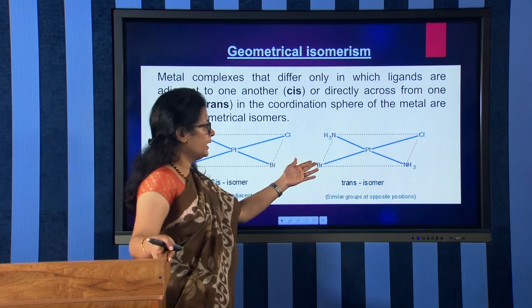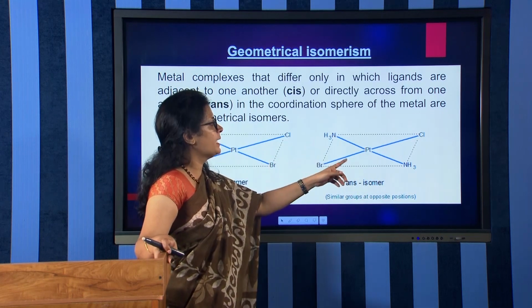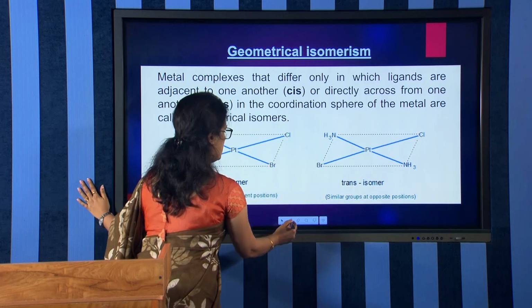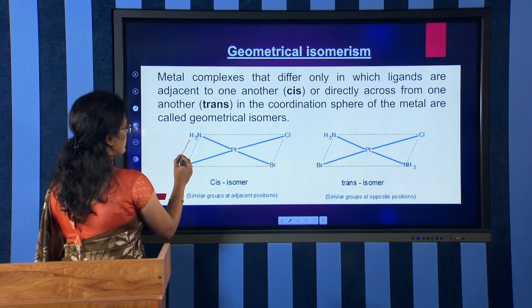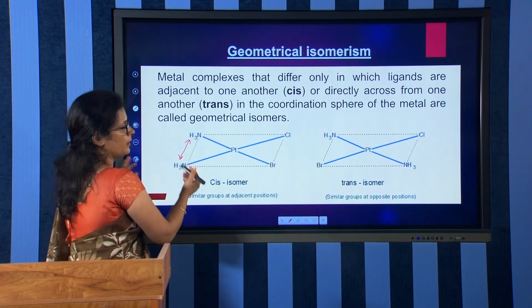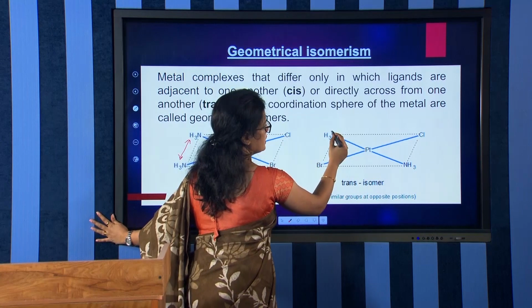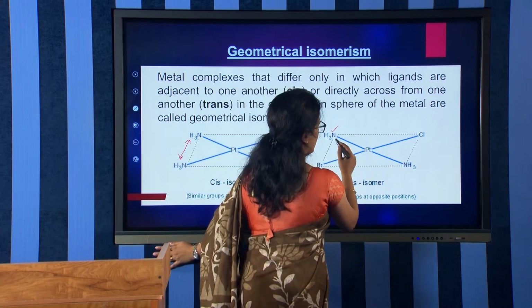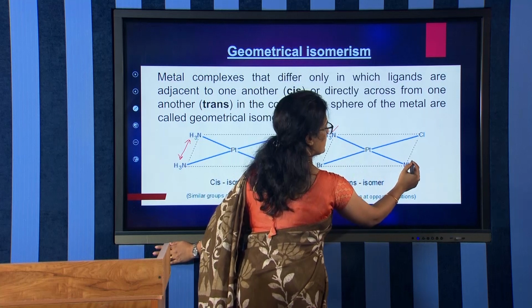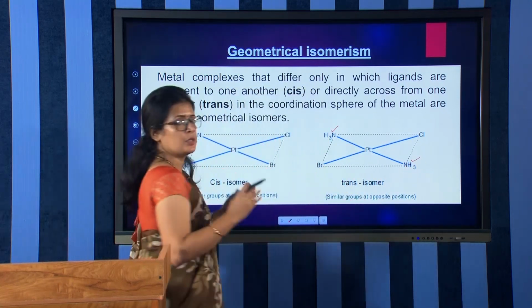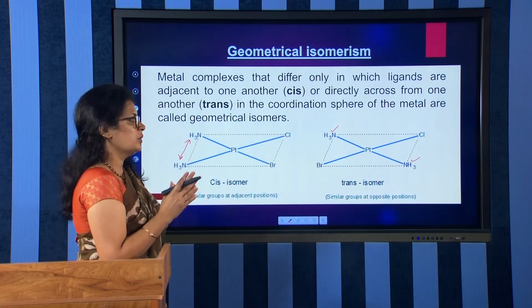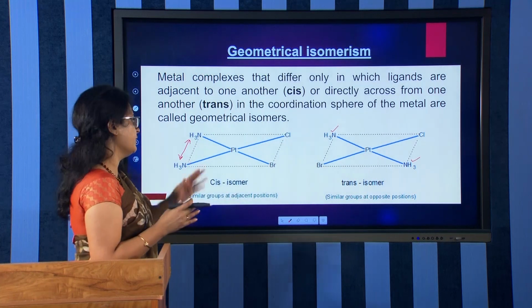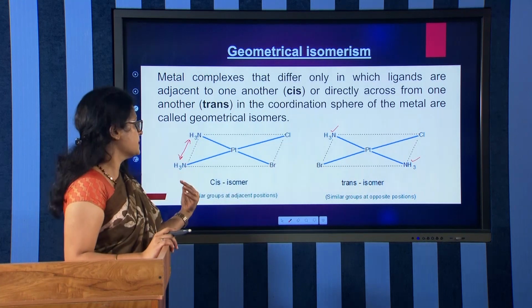But see the second example, the ammonia ligands are opposite. The first ammonia molecule is here, and the next ammonia molecule is opposite to the first ammonia. So it is called a trans isomer. If they are in cis position, it is a cis isomer.